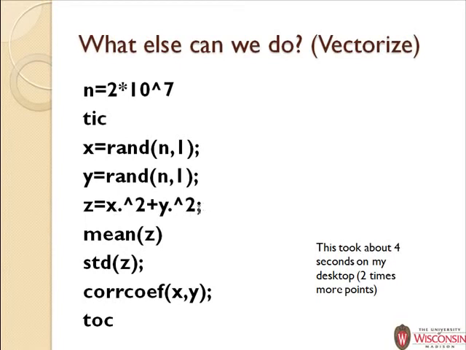And then I can use just element by element math to go through element by element and add the square of the first element of x to the square of the first element of y, and the second element of x squared to the square of the second element of y, etc. So this dot operator on the squaring command, instead of squaring the vector, squares each element individually within the vector.